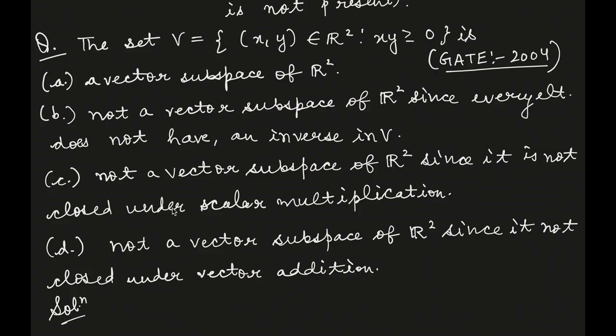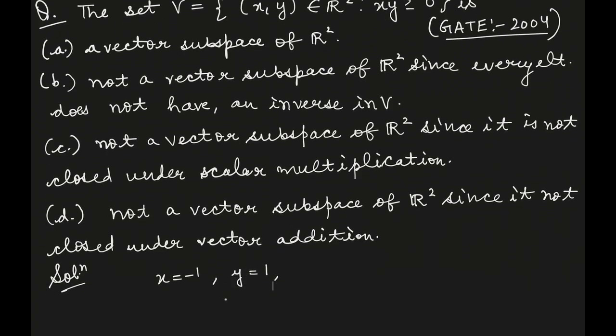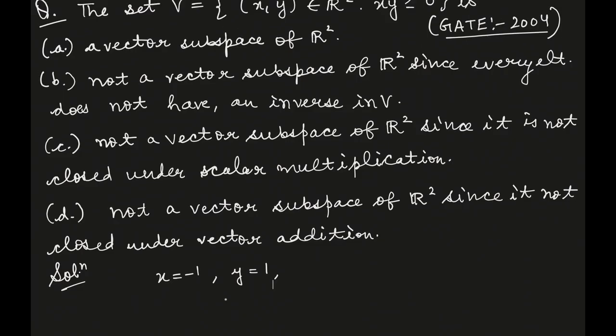If you are saying that it is not closed under scalar multiplication, then you must have taken an example. If I take x as minus 1 and y as 1, then the product will be negative, not positive, so I cannot take this example.